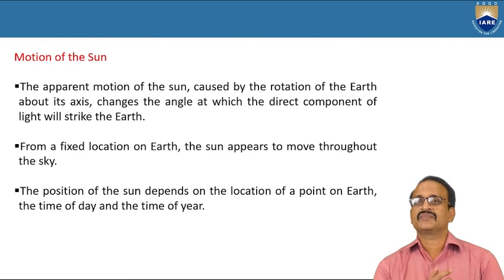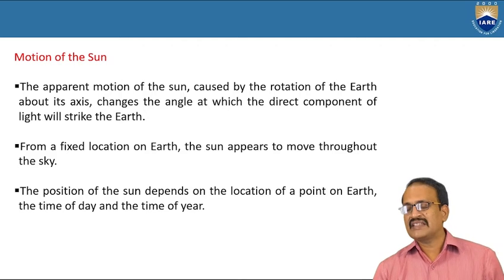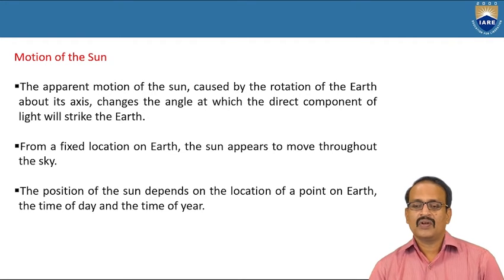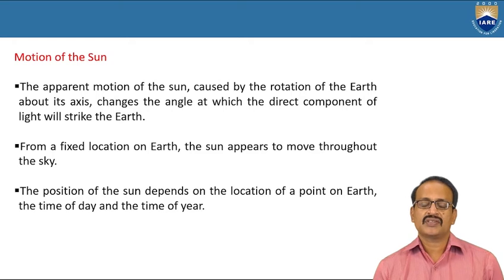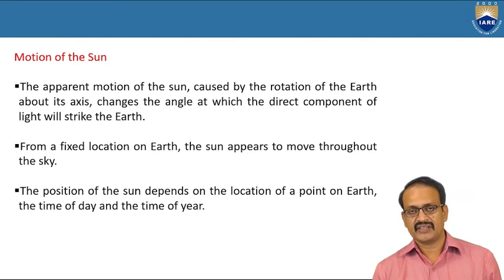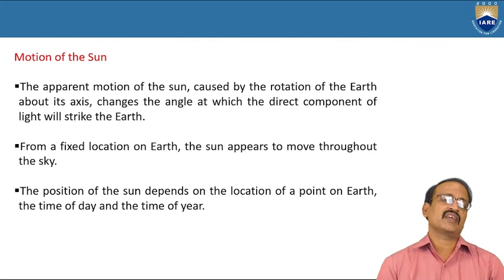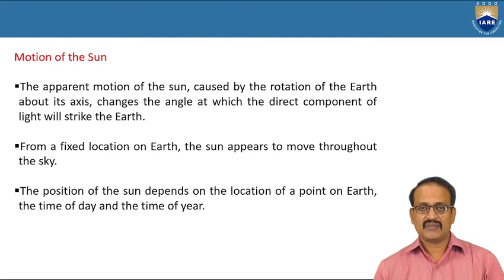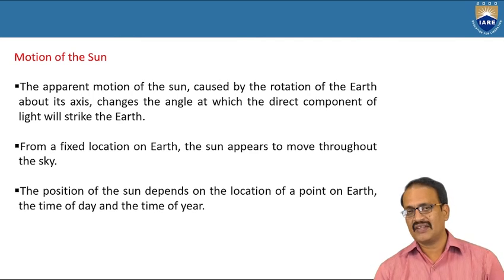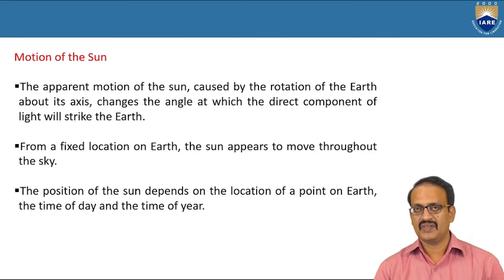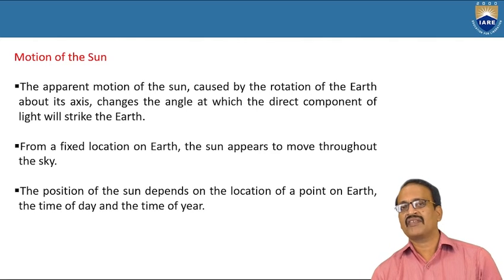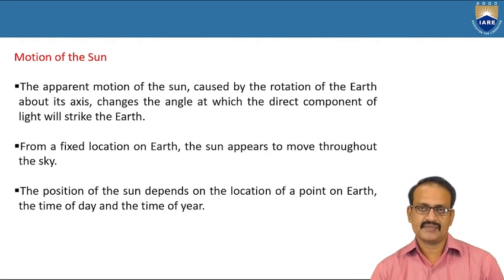Motion of the sun. Everybody is aware of this. We have discussed how much energy is lost in the Earth's atmosphere, but after it has escaped from the Earth's atmosphere, again there are so many constraints, because the sun will be moving, and because the Earth has different geographical structures.